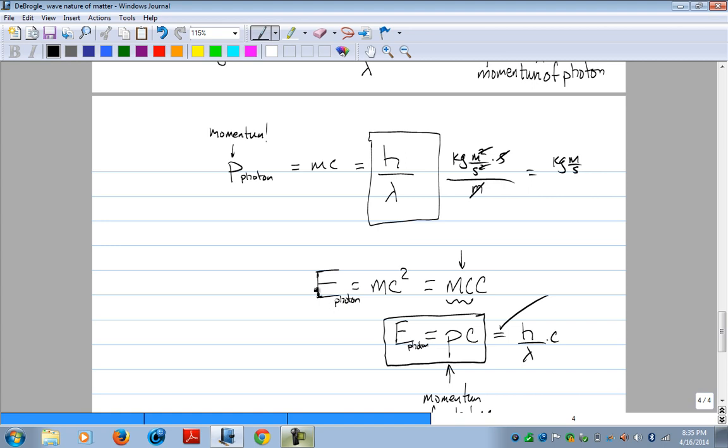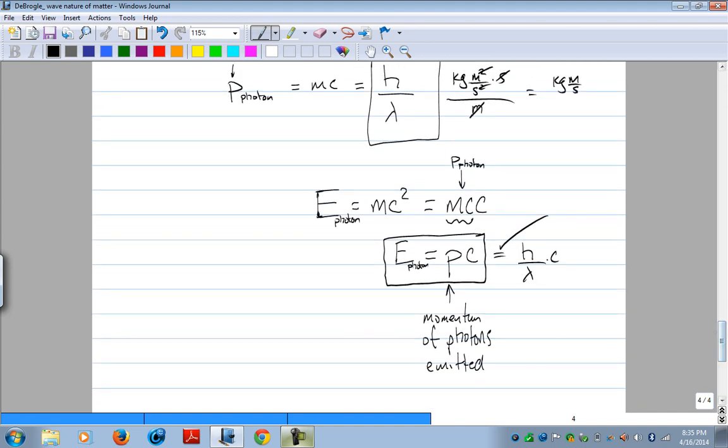So if we factor out an mc, the momentum of the photon, we have leftover c there as a multiplier. So the energy of the photon is its momentum times the speed of light, which, since we already solved that the momentum of a photon is h over lambda, gives us the familiar Planck equation, hc over lambda is the energy of the photon.